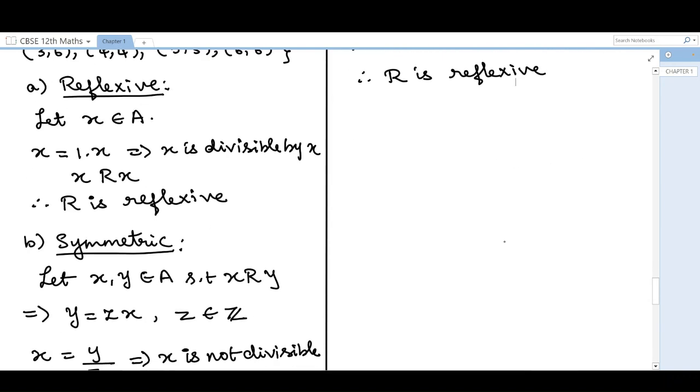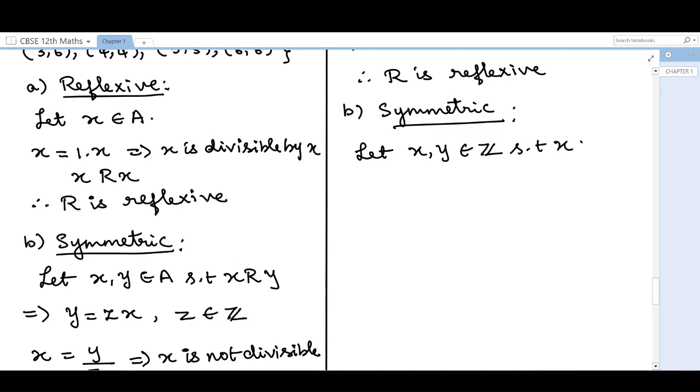The second one is symmetric. Let us take two elements from the set of integers such that x is related to y. Since x is related to y, we can say x minus y is an integer. That is, x minus y belongs to the set of integers. Now what we have to prove is y minus x is also an integer.